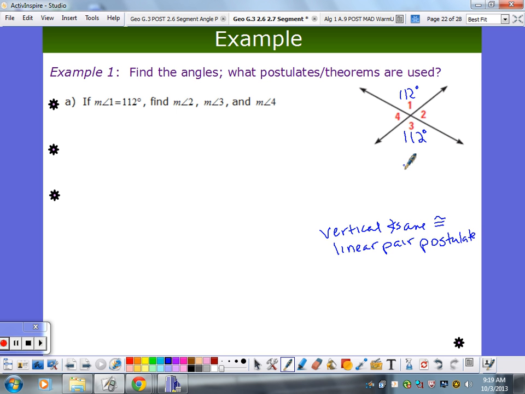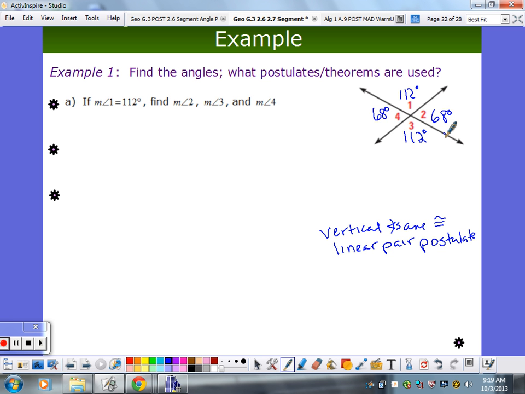So then what's this one? What's that one? 68? So I think all I needed was the linear pair postulate. I could probably have used congruent supplements. I could have gotten there somehow, but it's making it harder. Now what's the last one? That's also 68. I could have used either reason. I could have gone because they're vertical, or I can see a linear pair, so they're supplementary by the linear pair postulate.